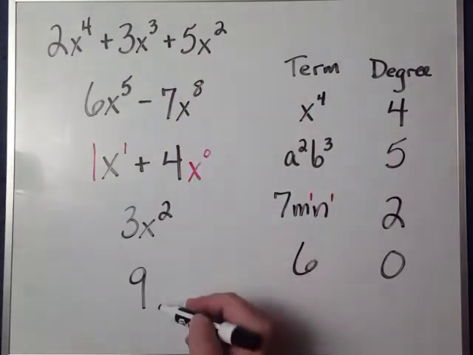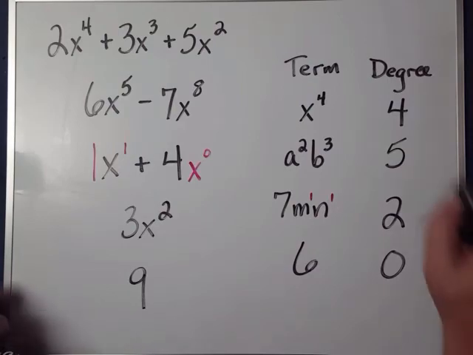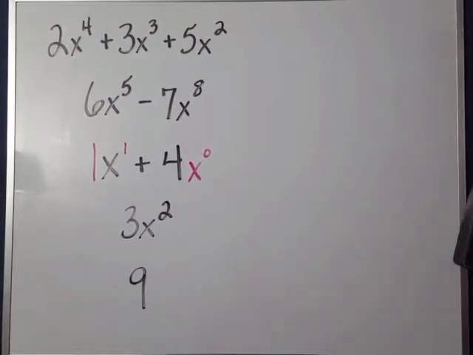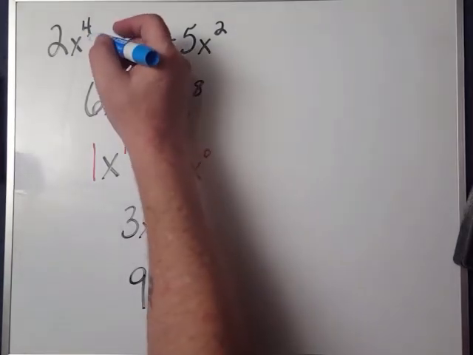Let's classify these polynomials as to their degree. The first polynomial. This first polynomial, it says the degree of a polynomial is the biggest degree of any term. So what do we have?